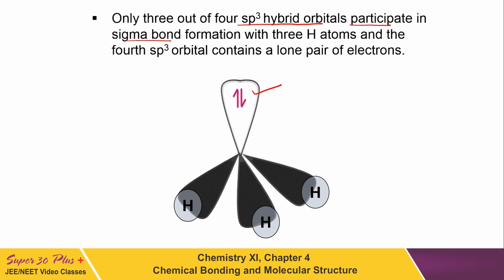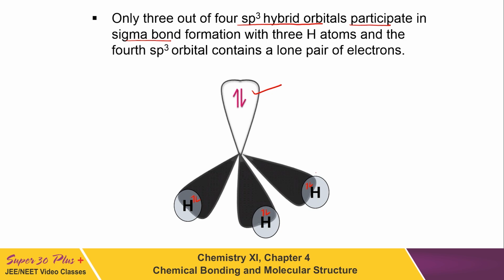But if it is already paired, you cannot form a bond with this orbital. So in NH3, one lone pair which is already paired will not participate in sigma bond formation, and the rest 3 in which one electron is there will further overlap with the hydrogen.